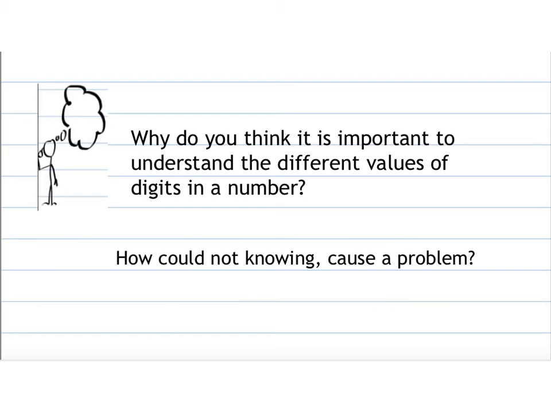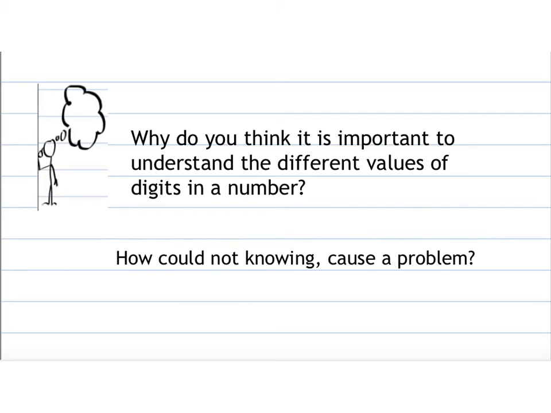So something I want you to stop and think about is, why do you think it's important to understand the different values of digits in a number? How could not knowing cause a problem? There's not really a wrong answer here, but I would love to hear and see this in the notes that you submit.